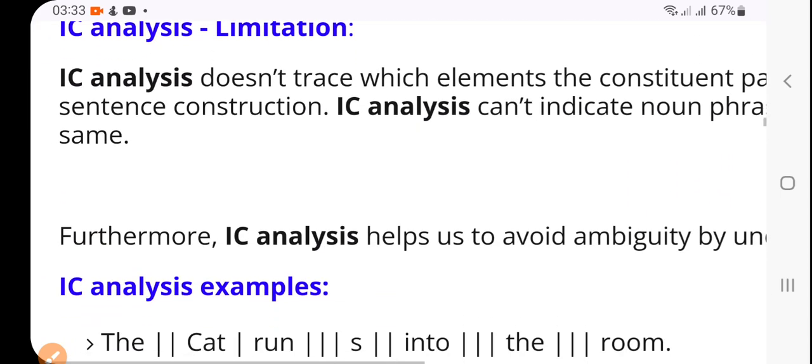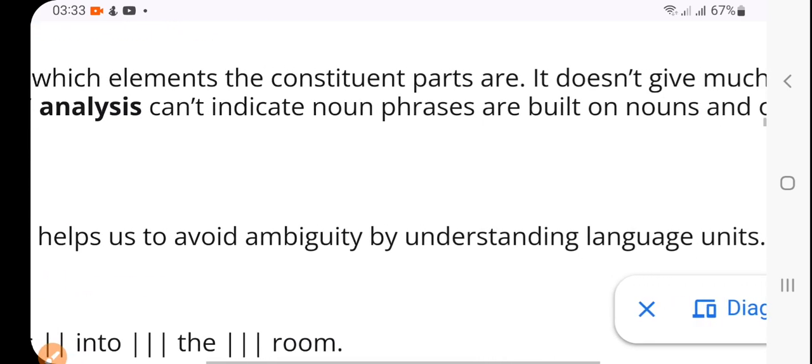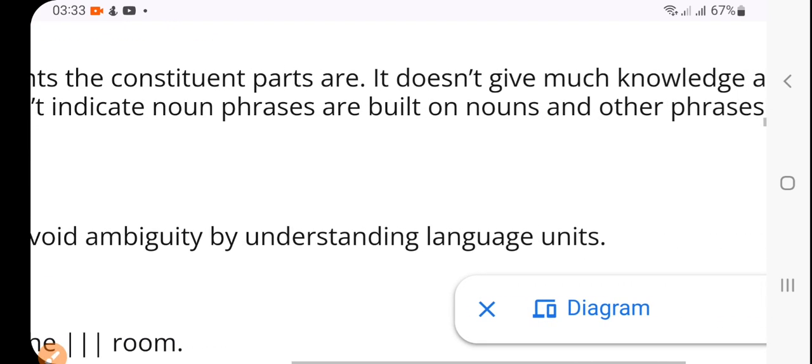How? Because sometimes a sentence is not clearly divided into noun phrase or verb phrase, then the sentence is divided into three parts, right?